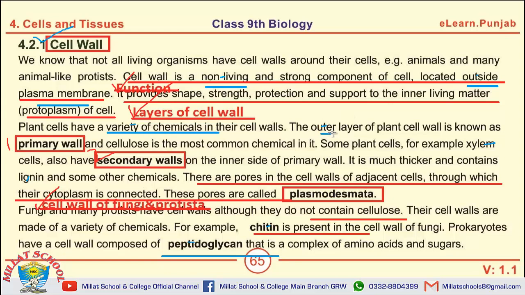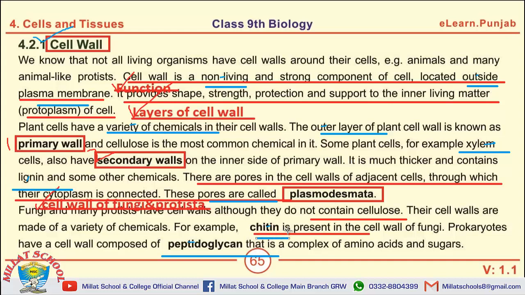The outer layer is primary wall and the xylem cells may have secondary wall. Lignin is present in the secondary wall. The pores between the two cells are plasmodesmata.